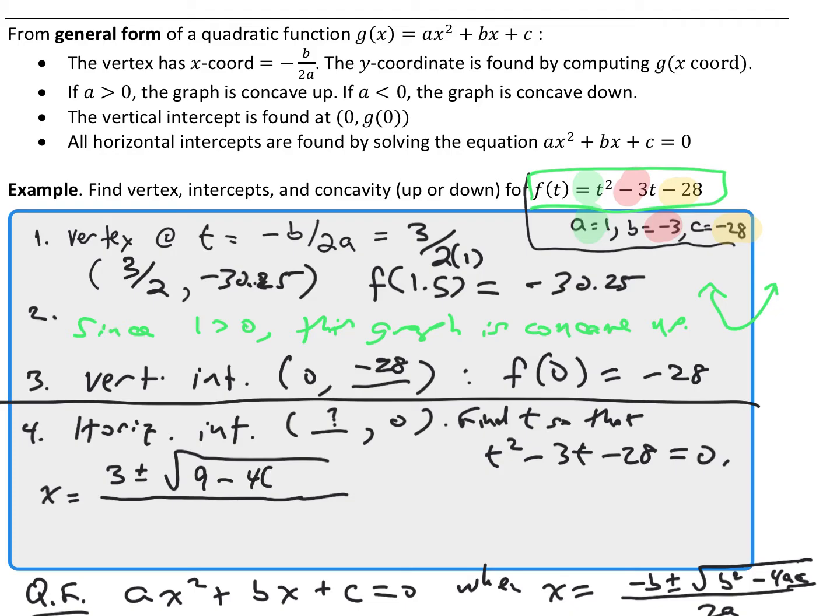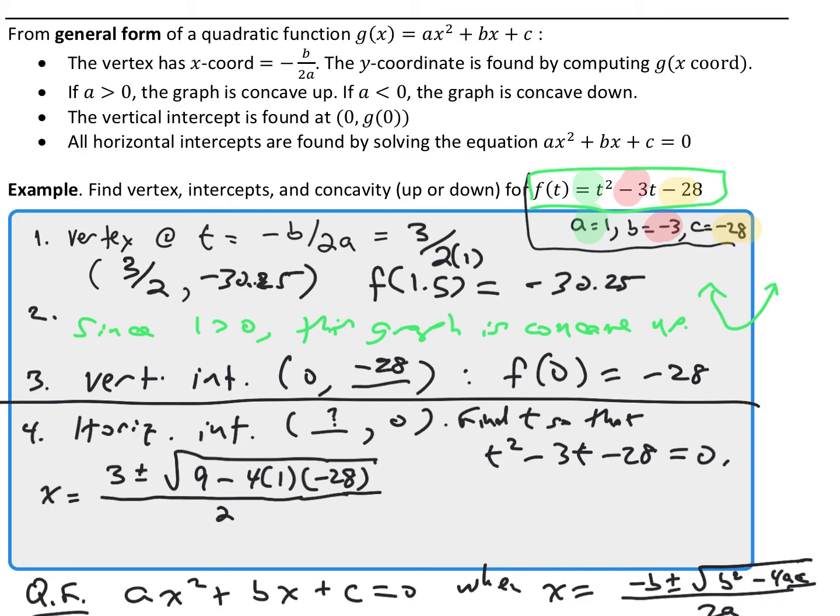Minus 4 times a is 1, times c is negative 28. So I've just substituted a, b, and c into the top part of this formula, and then the bottom part is just 2 times a. Again, a is 1, so I'll just go ahead and do that. That's 2 in the denominator.